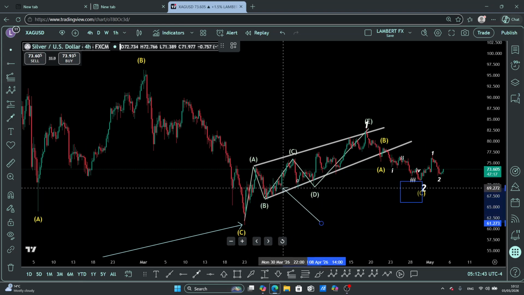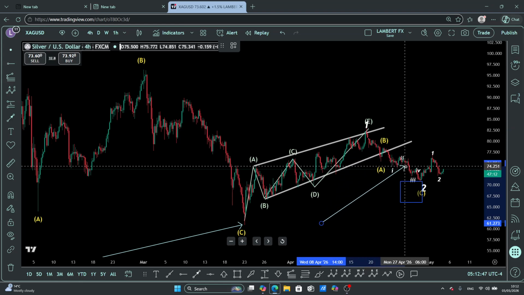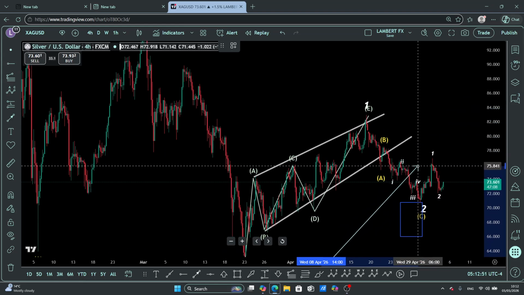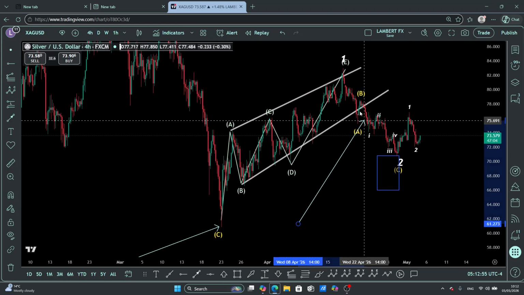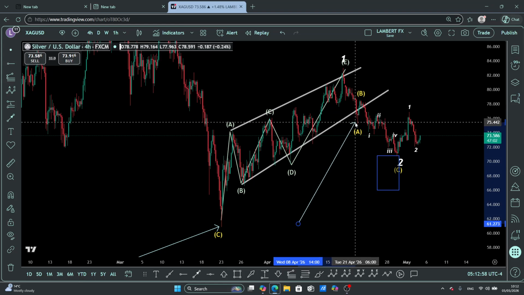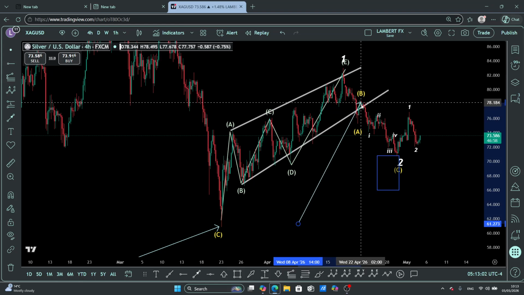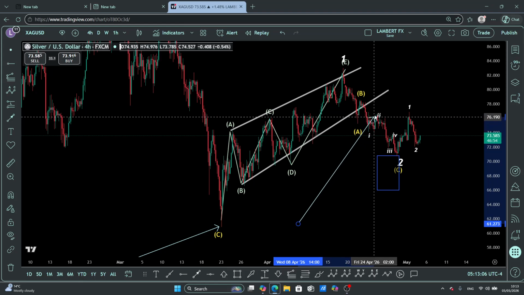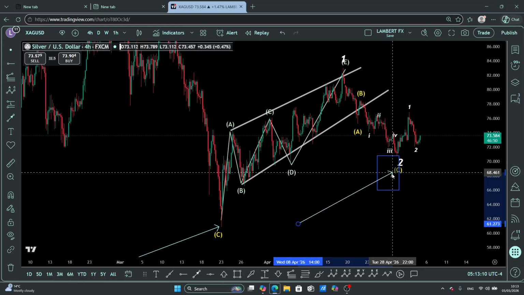So once I identified this leading diagonal, I was waiting to see a correction, yeah, and we seem to have ended the correction. As you can see, we had this A, we had this B, and then we had this C that is also in 5 legs. 1, 2, 3, 4, and C here, which is a 5.